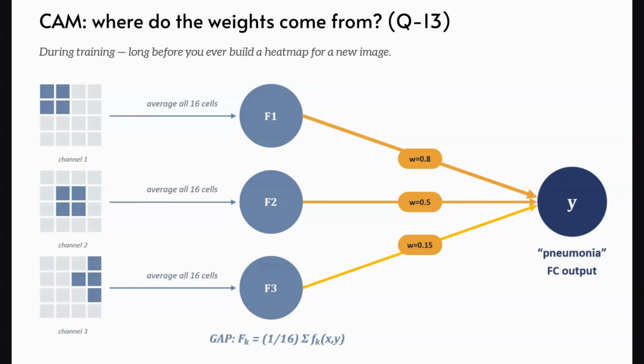Usually, when you have multiple labels, the final is like a multi-label classification. Here, for example, let's say we have 2: pneumonia and not pneumonia. Since it is a fully connected layer, F1 will be connected to the pneumonia output, and F1 will also be connected to the non-pneumonia output.